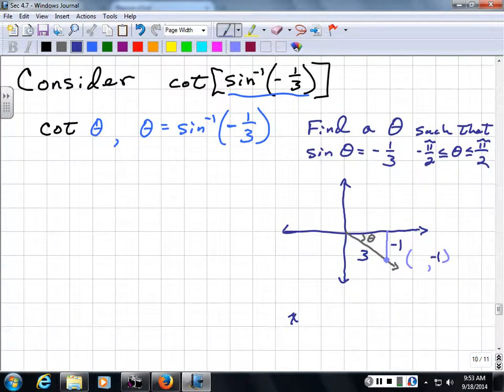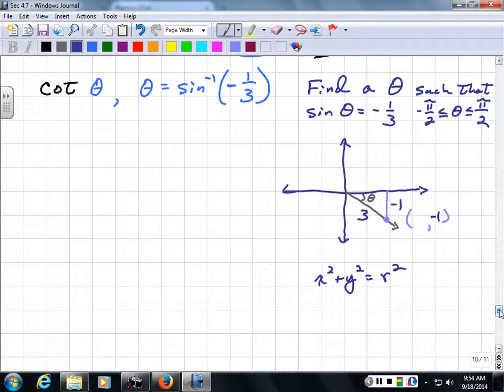Let's do it like this. X squared plus y squared is equal to r squared. I know what y is, it's negative 1. I know what r is. X squared plus negative 1 quantity squared is equal to 3 squared.